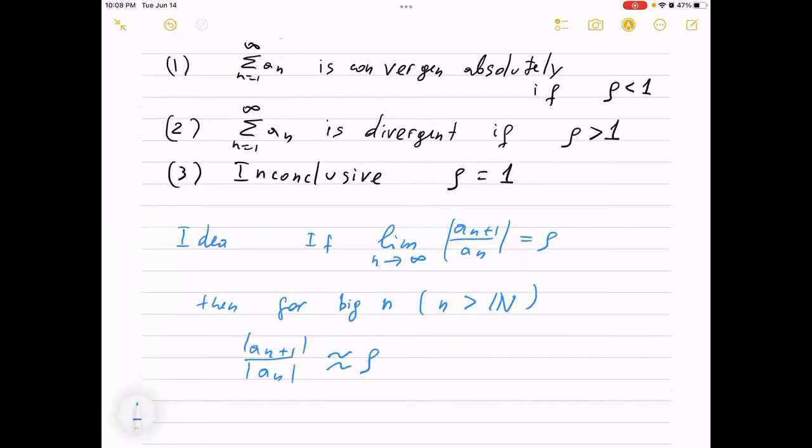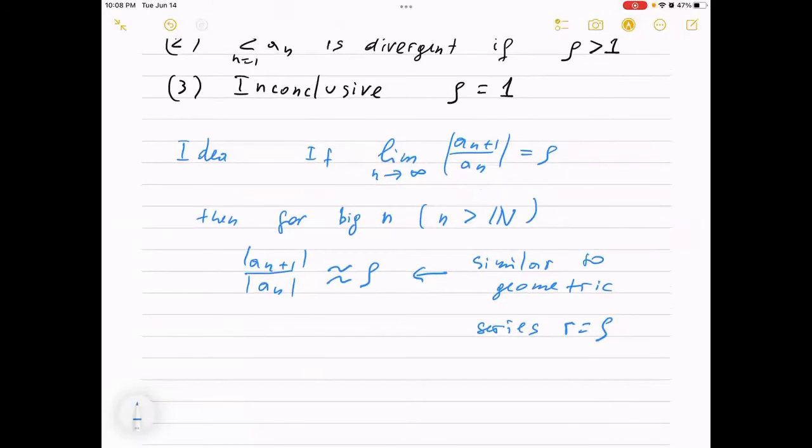And you see what is going on here, because the ratio of consecutive terms equals rho, that will be similar to a geometric series where the ratio is going to be rho.